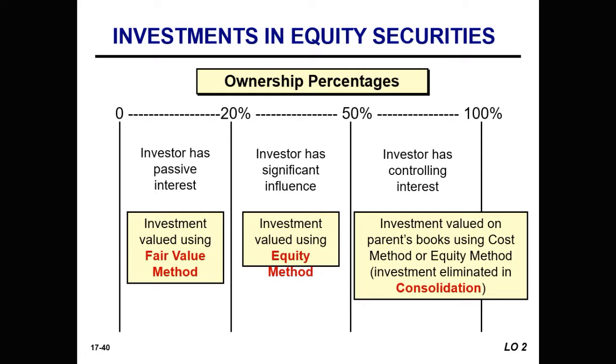And if the investor has 50% to 100% of the voting stock, they have what's called a controlling interest. And the investment is then valued on the parent's books using the cost method or the equity method. And the investment is eliminated in the consolidating of the financial statements.